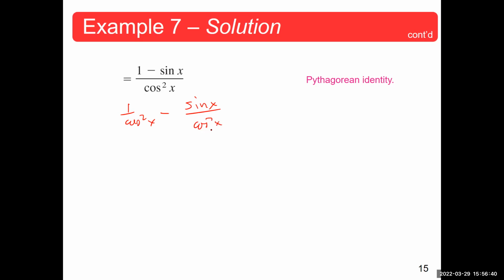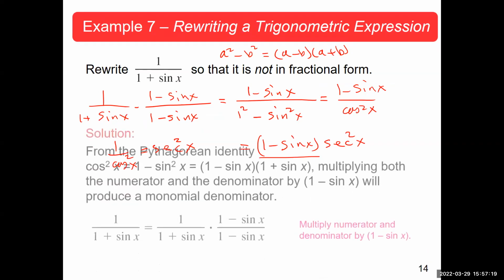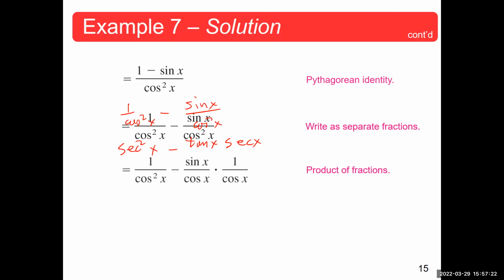I wouldn't do that. That's too lengthy. Then this becomes secant square x minus, you can split the cosine, it becomes tangent x multiplied by secant of x. That's the same answer we got. See, because if you move the secant square inside, you're going to get back the same answer. But up to this point, that's good enough. But it's good to know. So the book likes to do it a little bit differently.